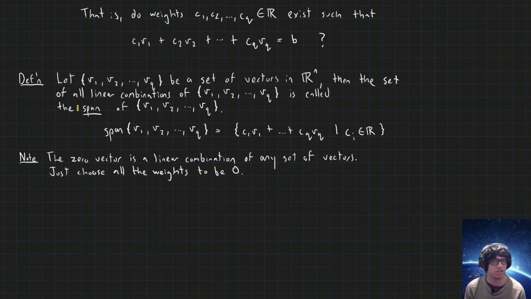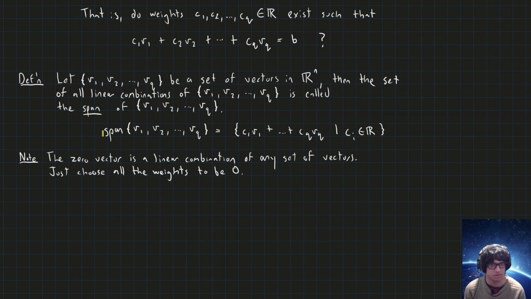Now just a definition here. This is the definition of the span of a set of vectors. The span of a set of vectors is all possible linear combinations of those vectors.